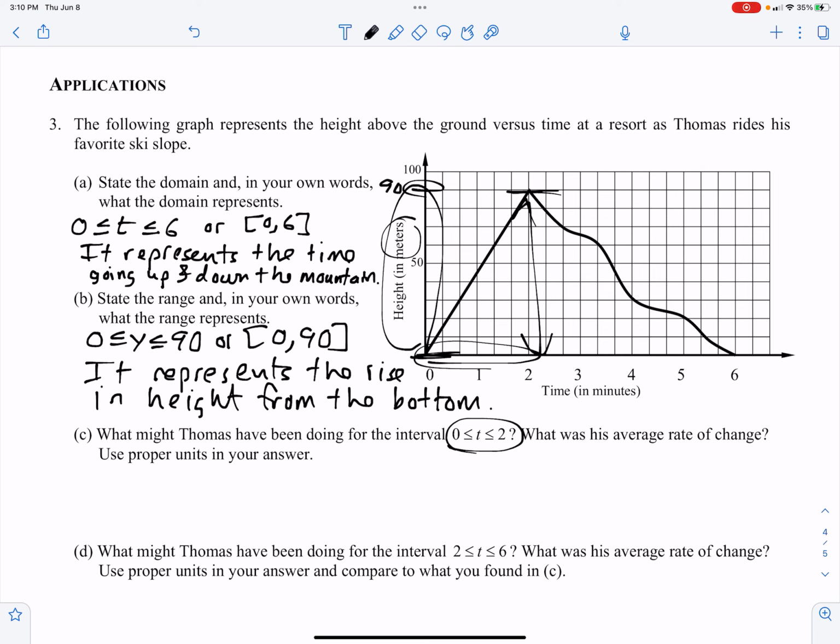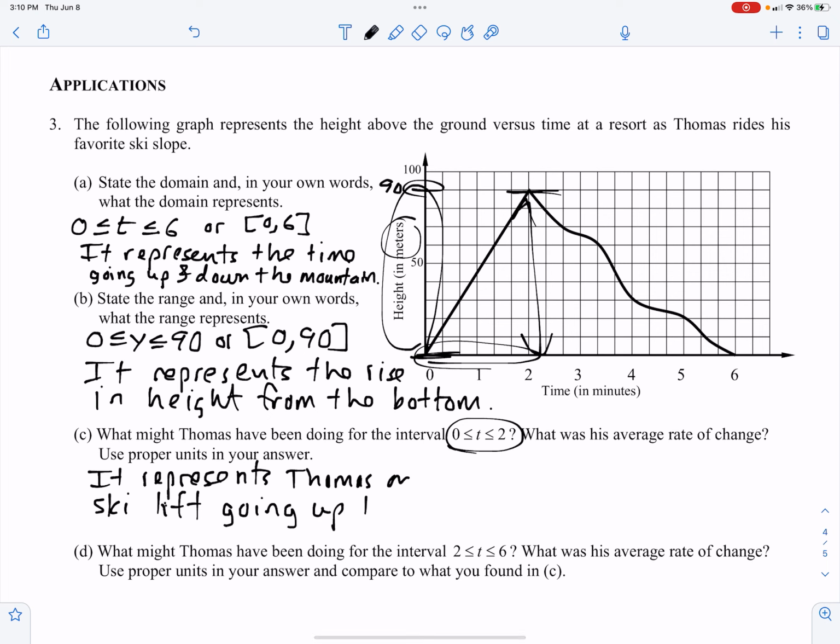Well, it most likely represents Thomas on the ski lift, right, going up the mountain.